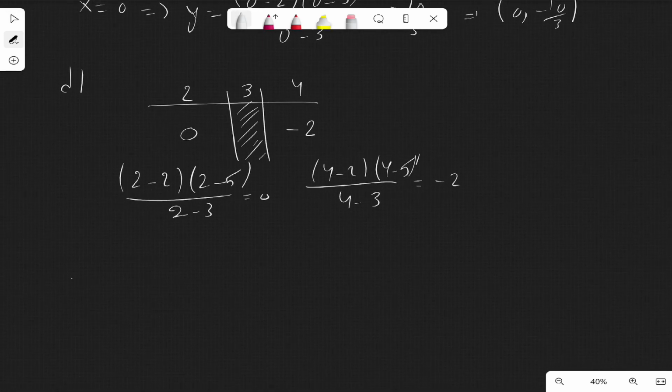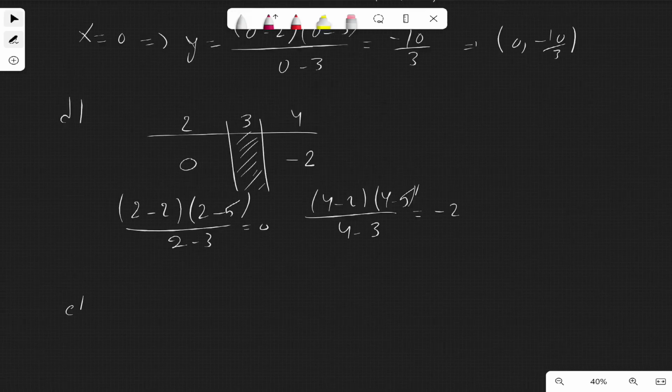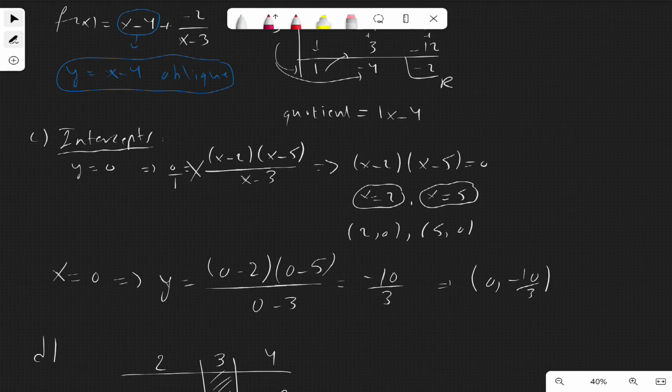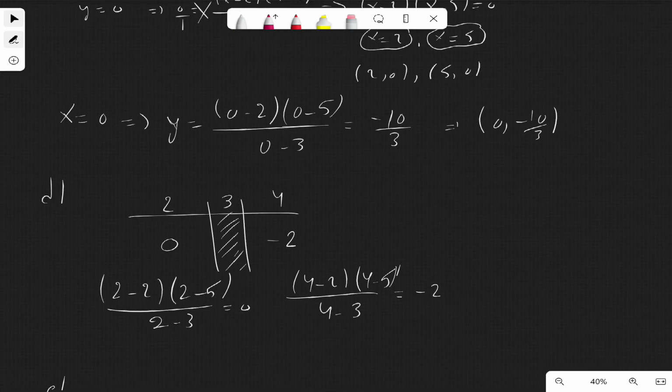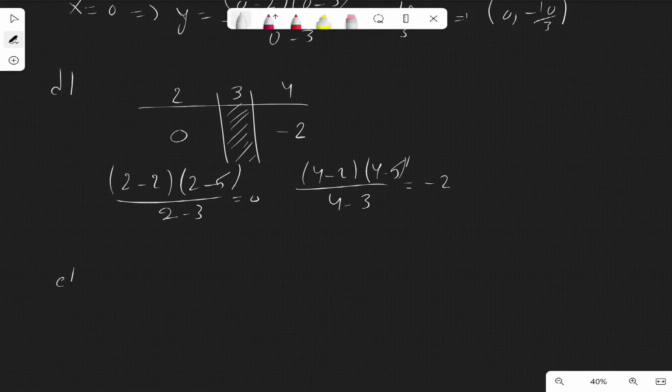To graph the oblique asymptote, y equal x minus 4, table of values. Once I take x equals 0 to find y, and once I take y equals 0 to find x.